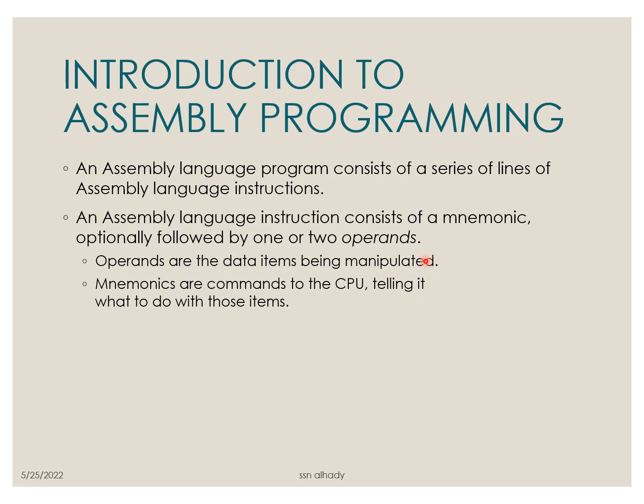If you want to add, multiply, or divide, this is what we call the operand, the data. While the mnemonics are the commands of the CPU. If you want to add, you write ADD, meaning ADD is a mnemonic. They tell the CPU what to do with those operands, those items.